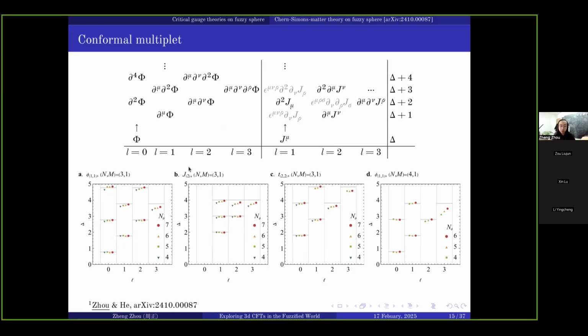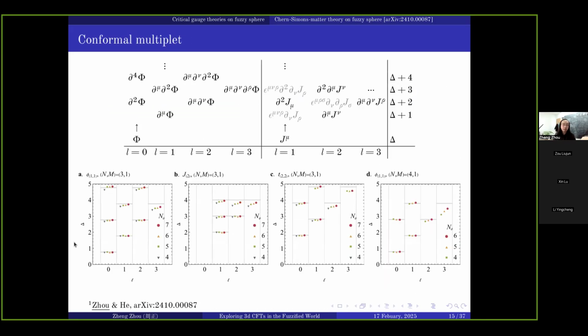And for the conserved flavor current, both structures containing epsilon and not containing epsilon can be found, and this is very good for Sp3 and Sp4 as well.